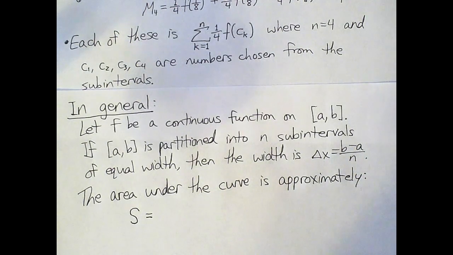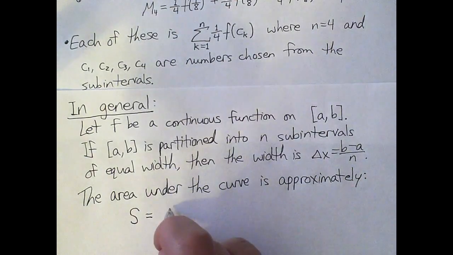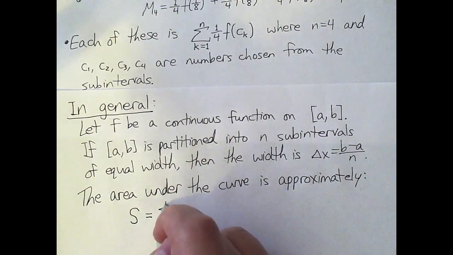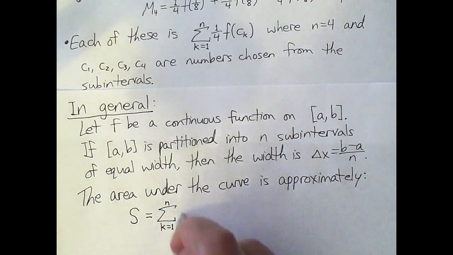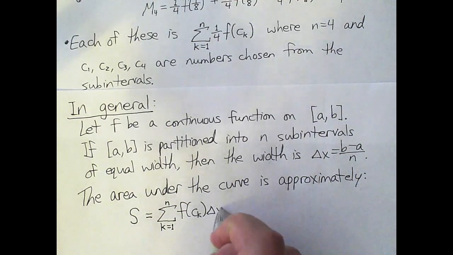And right now, I'm talking about an approximation of that, so we don't want to confuse this with the exact area. This is the approximate area, and it is sigma k equals 1 to n of f of ck delta x.